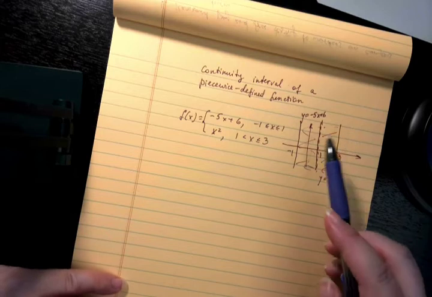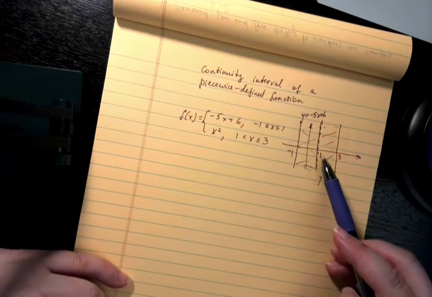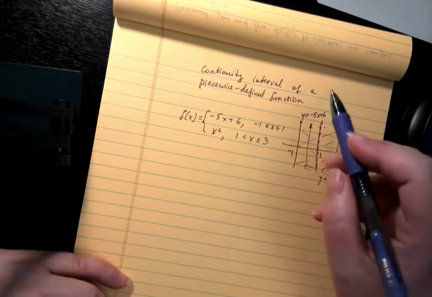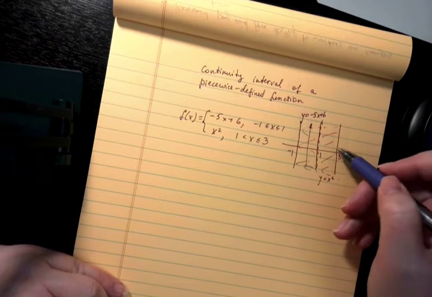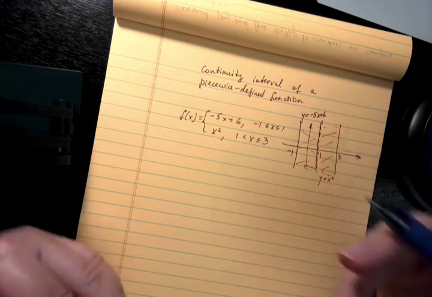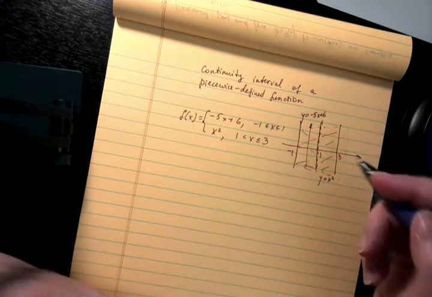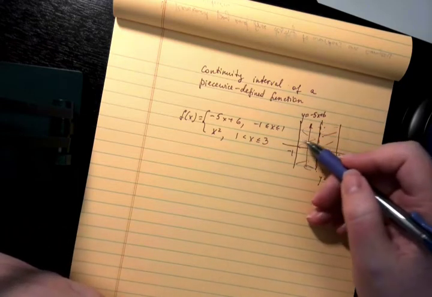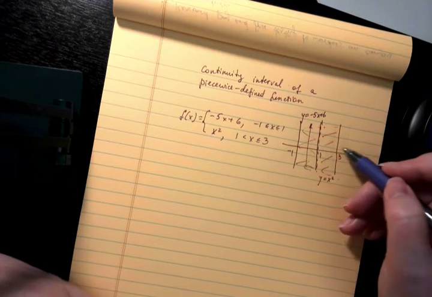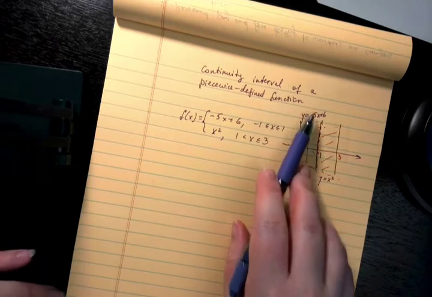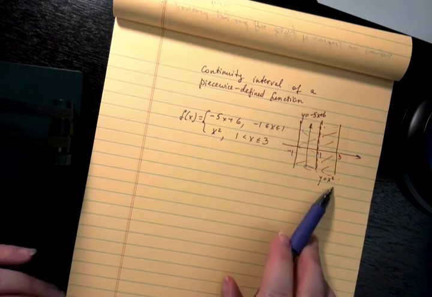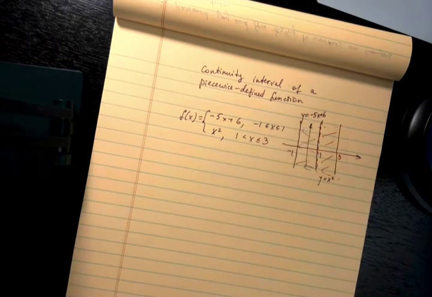So my only suspicious point is at the border, because one function can stop and another function can begin with a gap. Then I will have discontinuity on the border. But inside this interval and inside that interval, I absolutely cannot have discontinuity, because I know inside information on these functions and they're very nicely behaved.